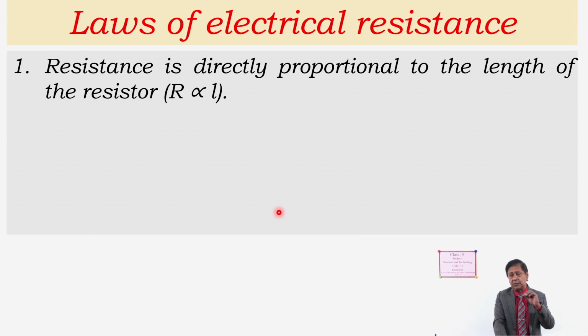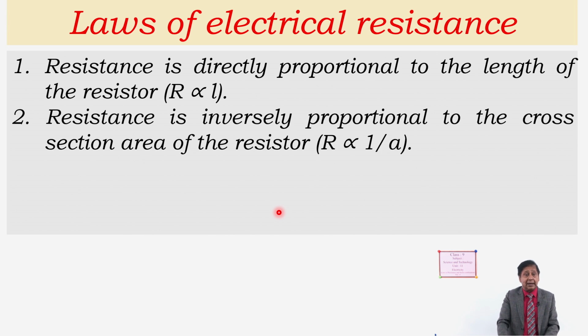Mathematically, R is directly proportional to L. What does it mean? If the length of the resistor is more, its resistance will be high. If length is less, its resistance will be less. If we have a nichrome wire of 10 centimeter length, its resistance will be less than that of a 20 centimeter long nichrome wire. Resistance increases with the length of the resistor.